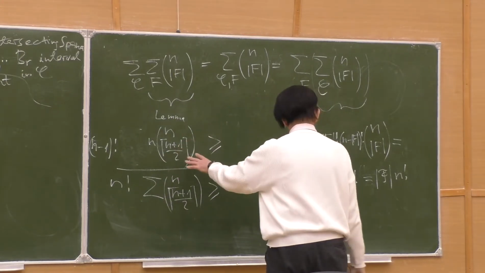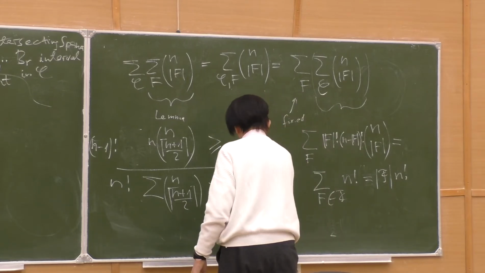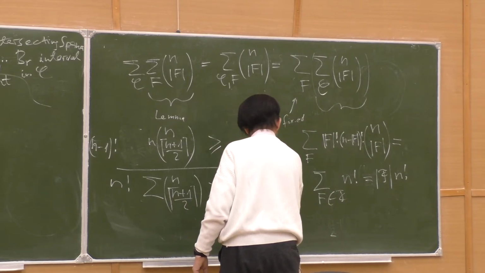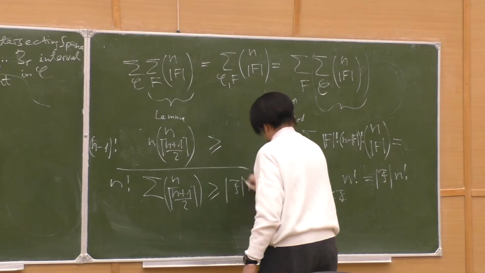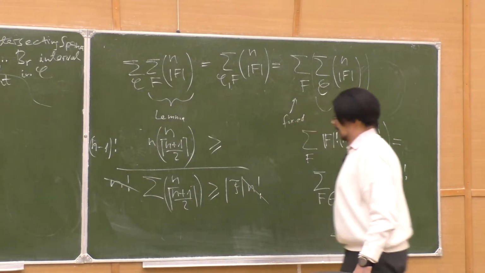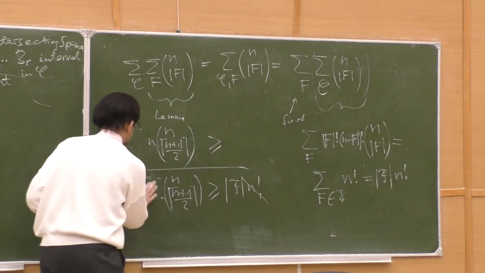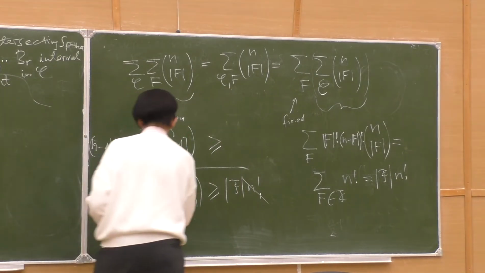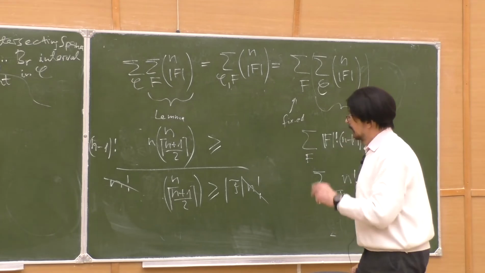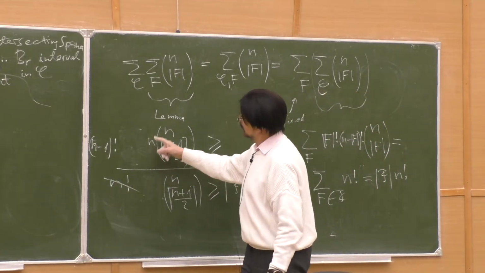So this is the left-hand side, and the right-hand side is, well, again a sum. We don't need the sum. I am writing nonsense. So we don't have any sum, right?